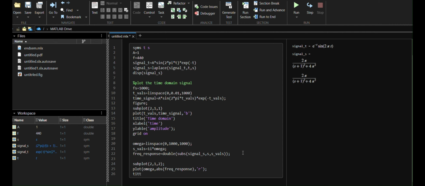Similarly title. So complex domain. Complex domain, x label and y label also. X label is frequency.